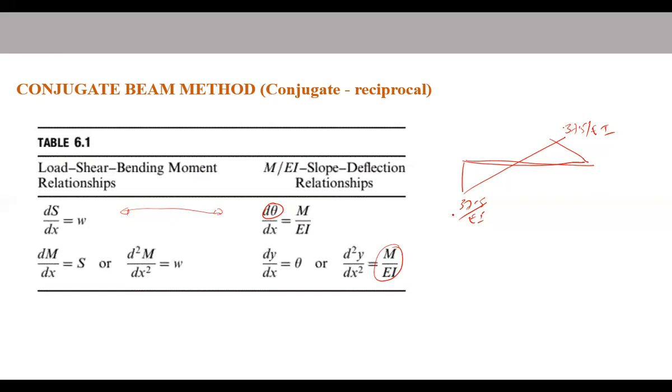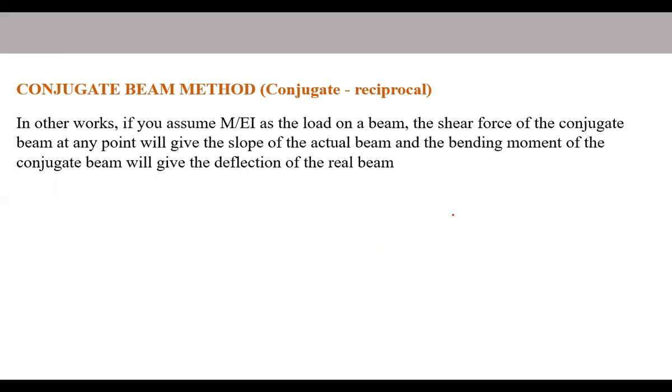When we do a problem, you'll see it. In other words, if you assume M over EI as a load on a beam, the shear force of the conjugate beam at any point will give you the slope of the actual beam, and the bending moment of the conjugate beam will give you the deflection of the real beam.